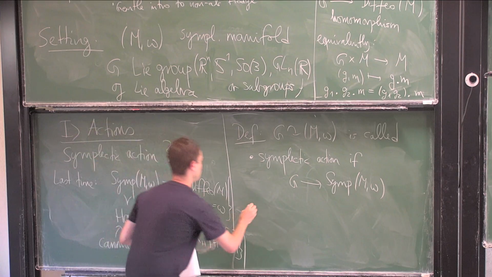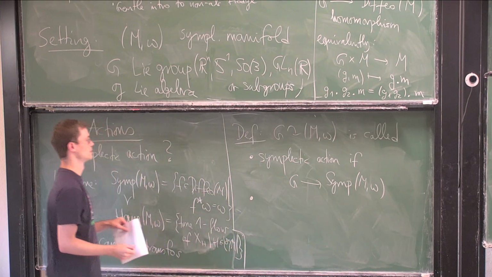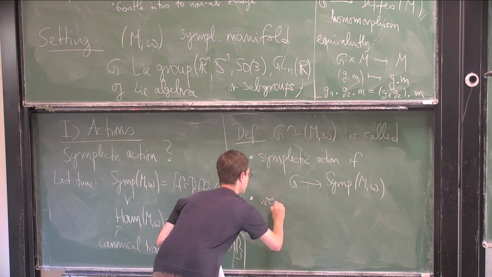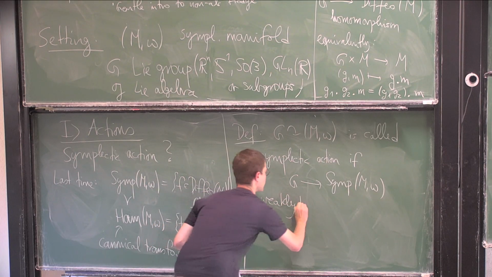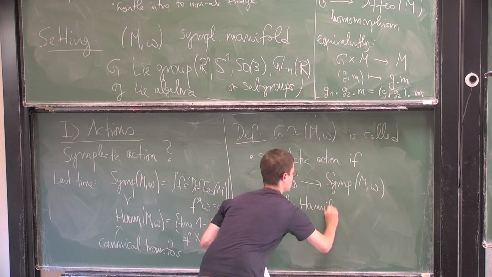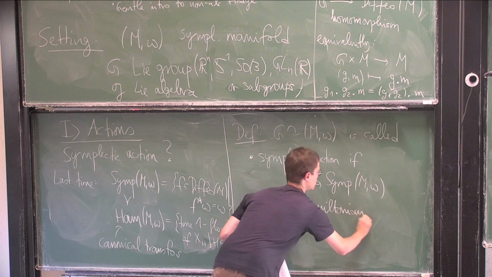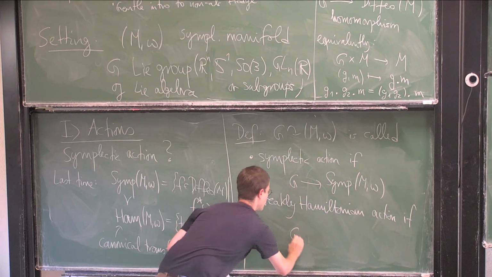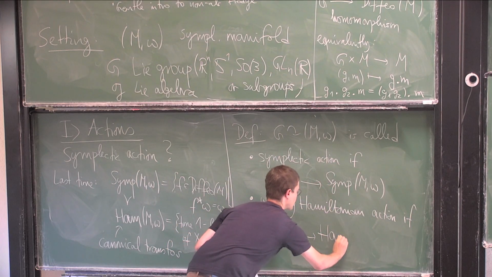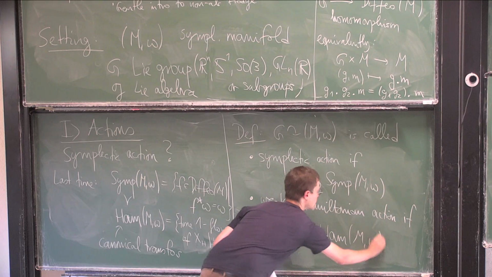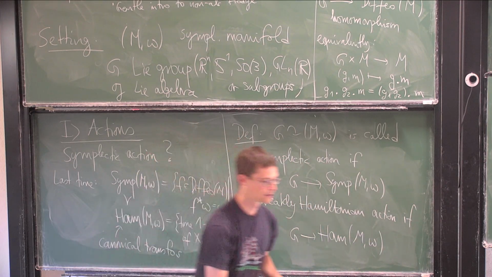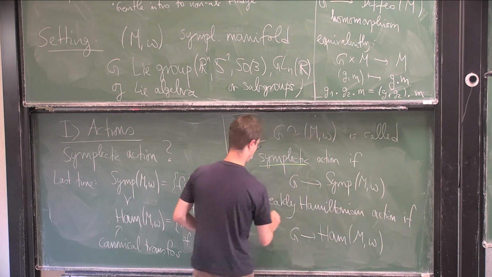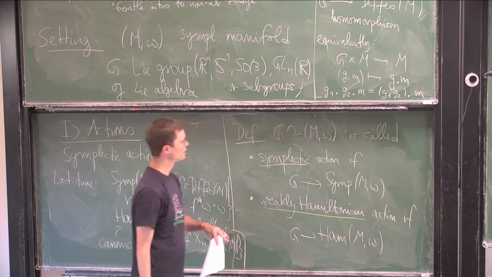And well, we should call it Hamiltonian, but for some reason we call it weakly Hamiltonian action, if we have this map with these canonical transformations. So symplectic or weakly Hamiltonian.